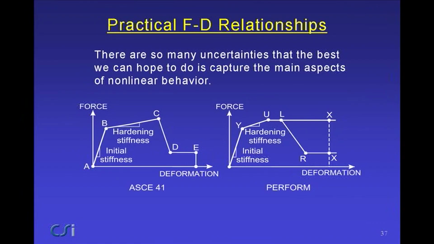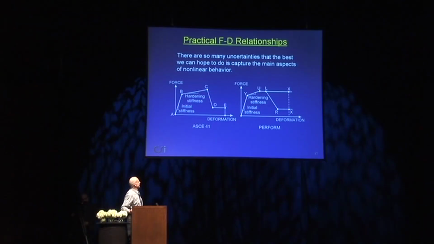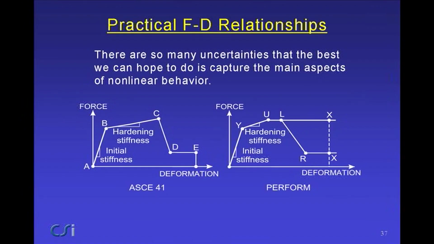There are two force deformation relationships shown here. The one on the left is from ASCE 41. It's basically a bilinear relationship with some strength loss. The one on the right is the one which is used in Perform. It's a little more general. In fact, the ASCE 41 FD relationship is a special case of the Perform one.